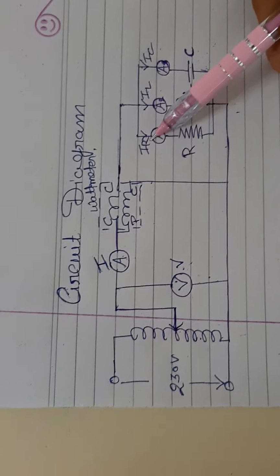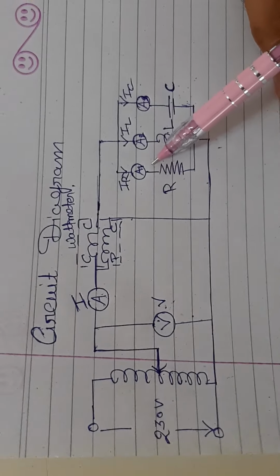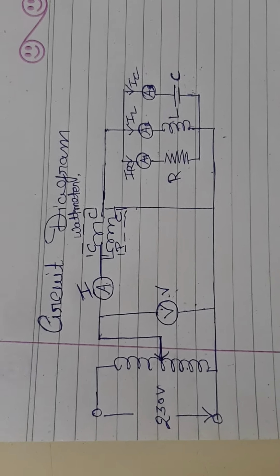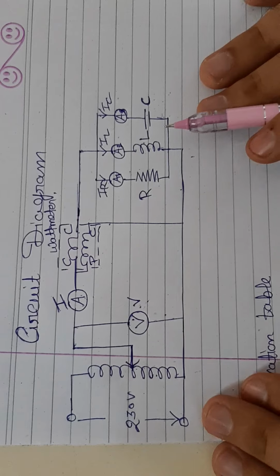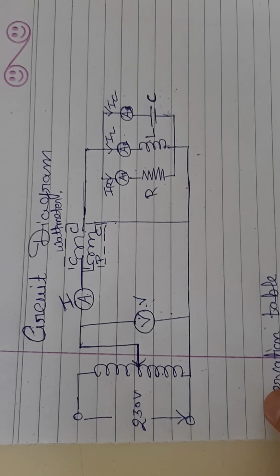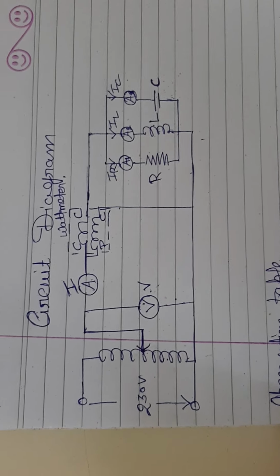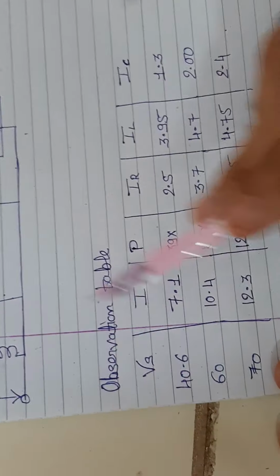Now we will measure IR, IL and IC, the branch currents of resistance, inductance and capacitance respectively. This is the basic circuit diagram in which we have to connect the circuit, and we will measure the value of parameters existing in the circuit. The values to be measured are: first, Vs, the supply voltage.